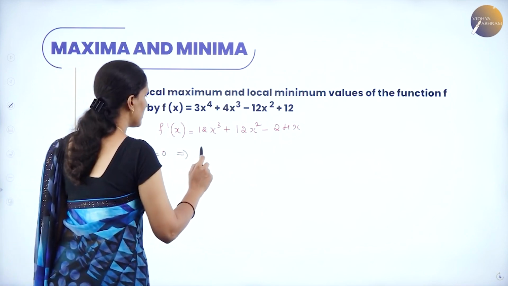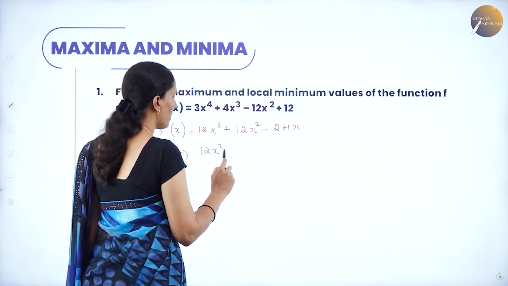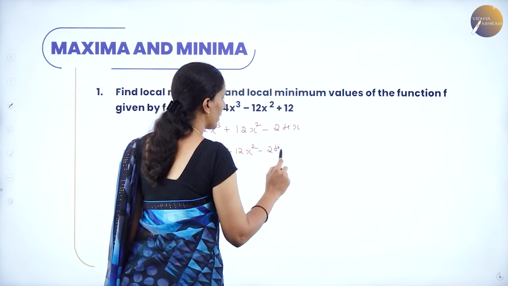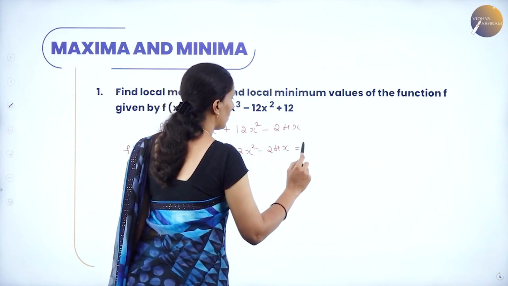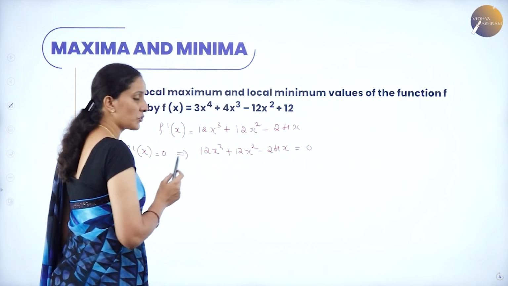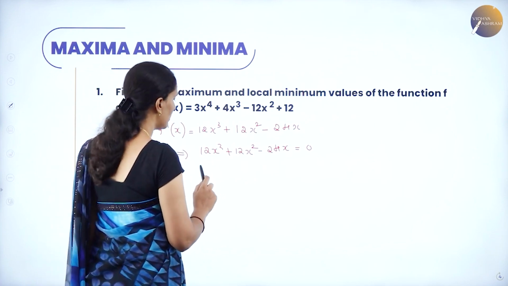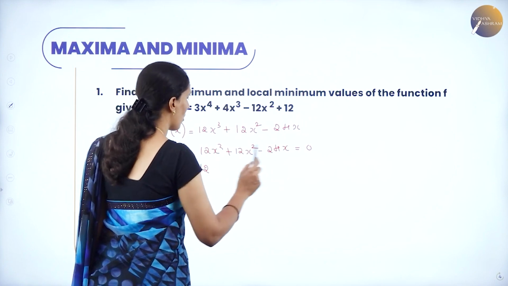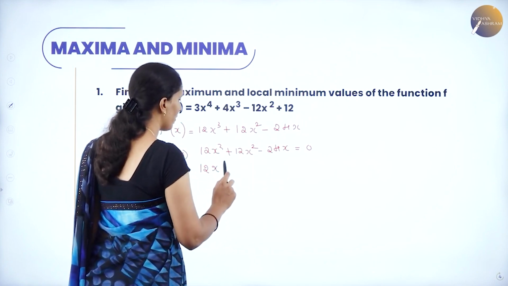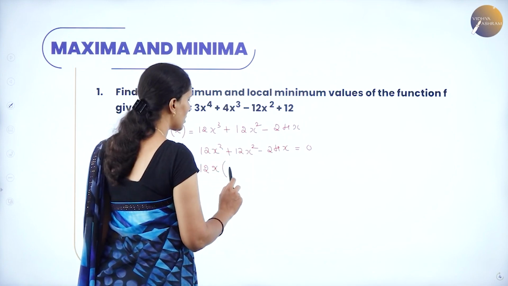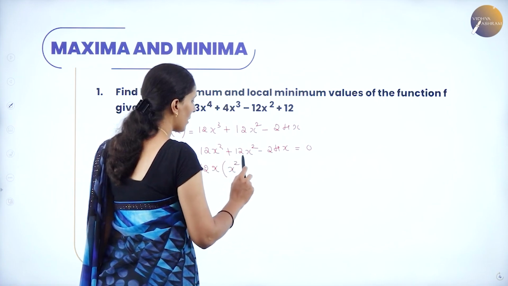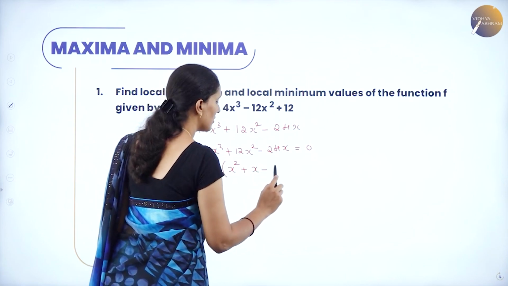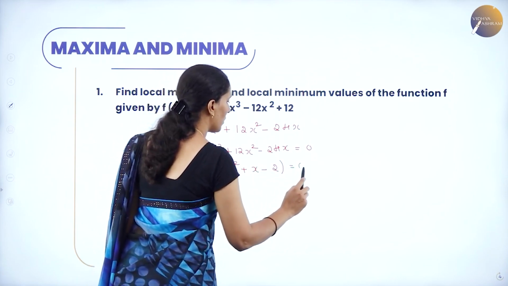So this implies 12x cube plus 12x square minus 24x is equal to 0. If you take 12 as a common factor as well as x as a common factor, then you will get x into x square plus x minus 2 is equal to 0.